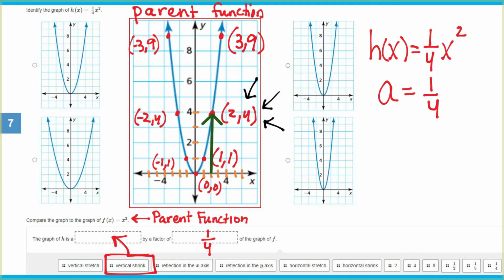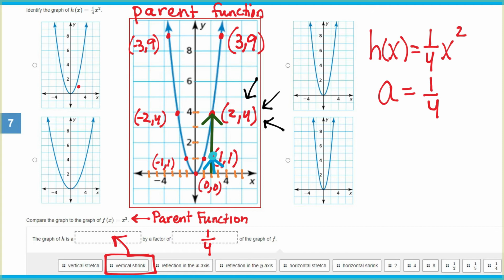So our graph will pass through this point right here. Instead of going up 4 like the parent function, it'll only go up 1/4 as much, so it's only going to go up 1. So we're looking for the graph that goes through the point 2, 1. So when we go to our first graph, 2, 1 would be right here, and our graph doesn't go through that point.